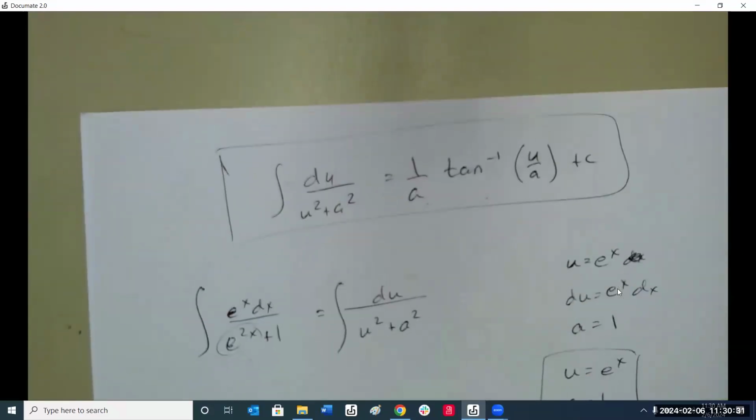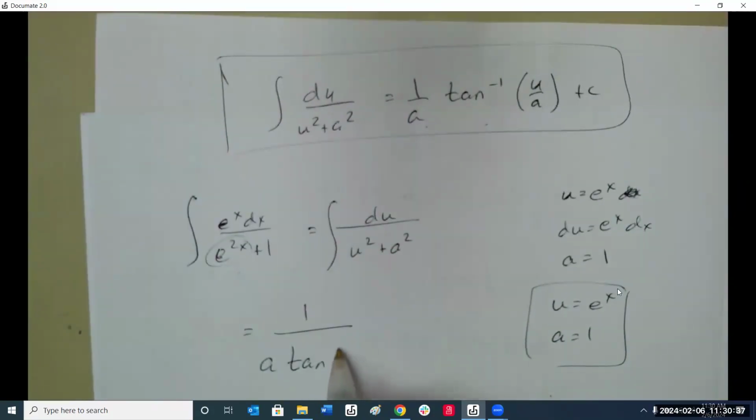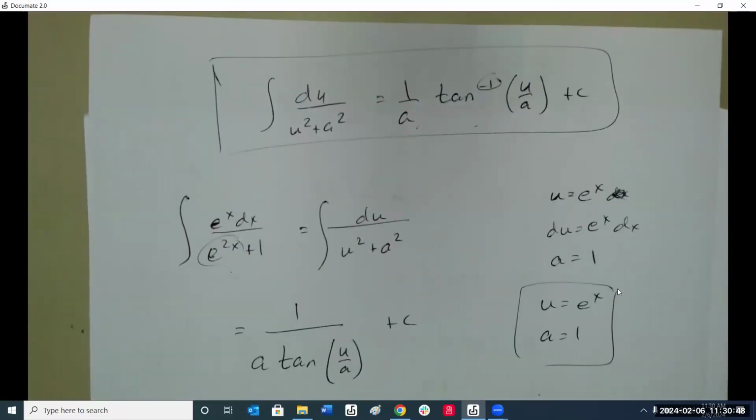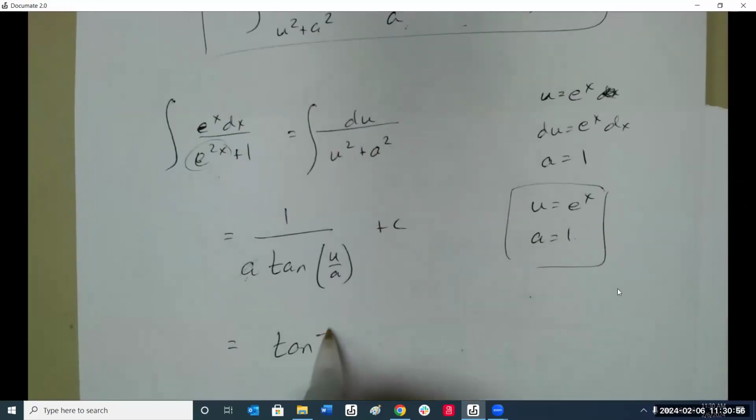So what that looks like is 1 over a tangent of u over a plus c. That's what negative means. It goes on the bottom. Or you can leave it as, since a is 1, that doesn't mean anything. We could leave it like this if you want.